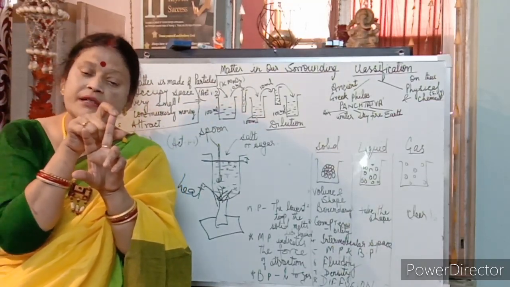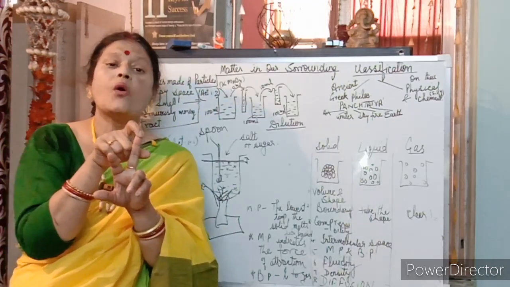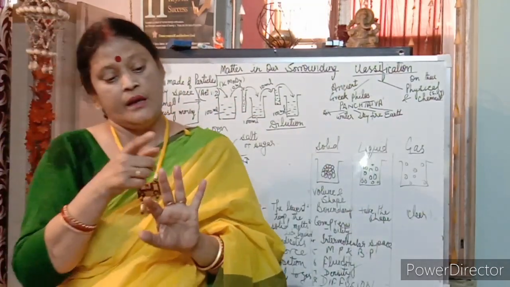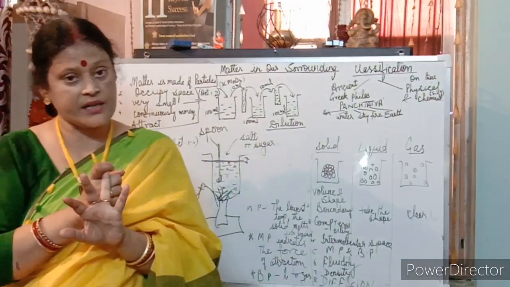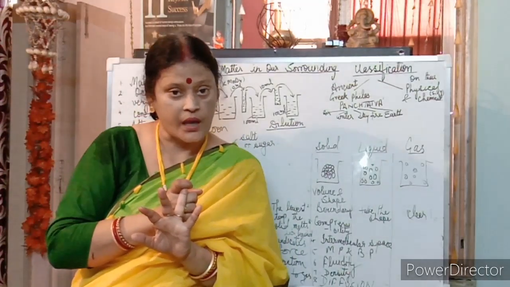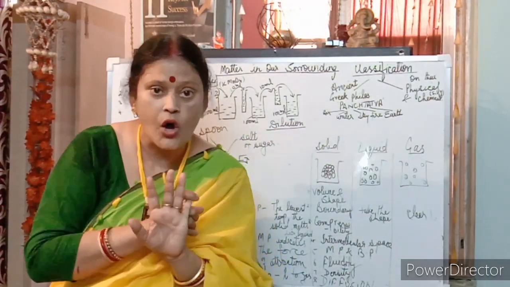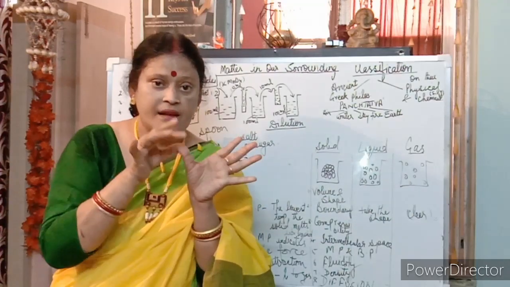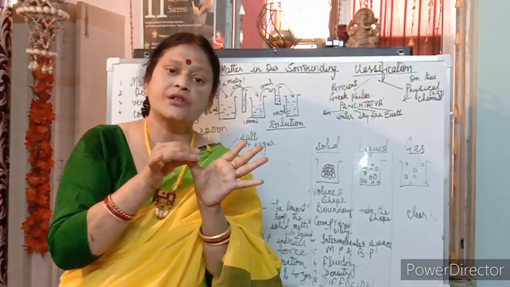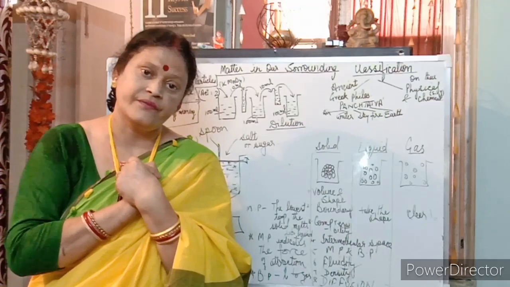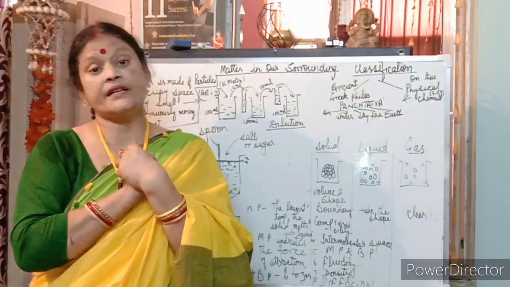The particles of matter are very small, beyond our imagination. Particles of matter are continuously moving. Particles of matter occupy space, and the last, particles of matter attract each other.